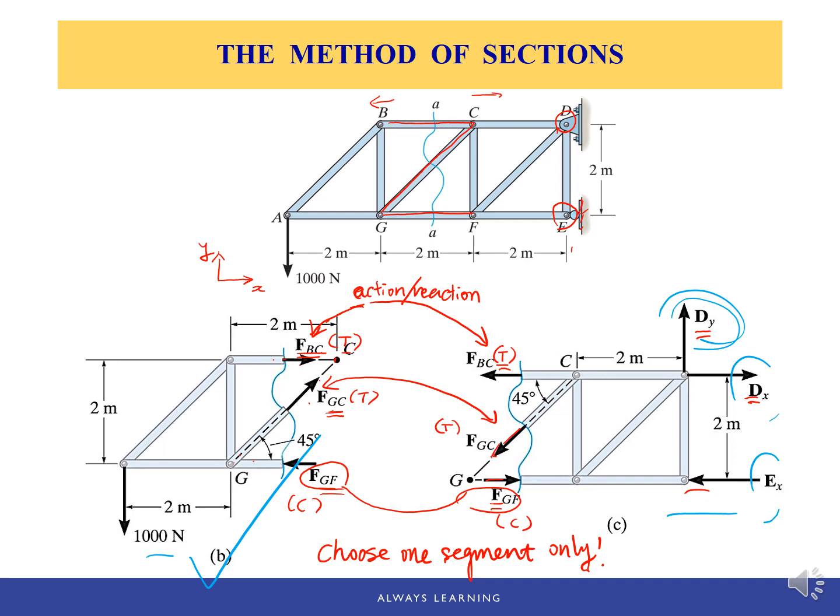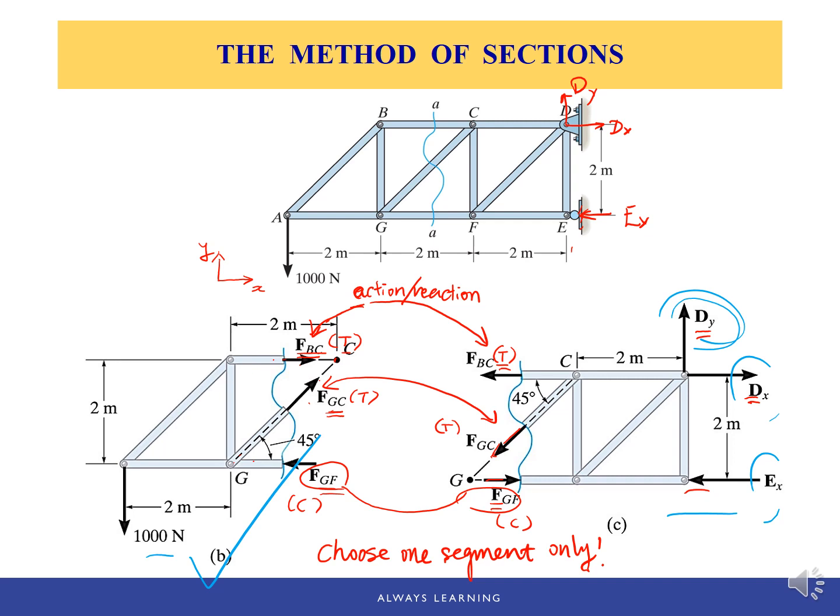And how to figure out the support reactions? Well, we need to draw the free body diagram of the entire truss and solve the support reactions first. For the entire truss, it's just a 2D rigid body problem. We can just put the support reactions here: this is Dy and Dx, and Ex.